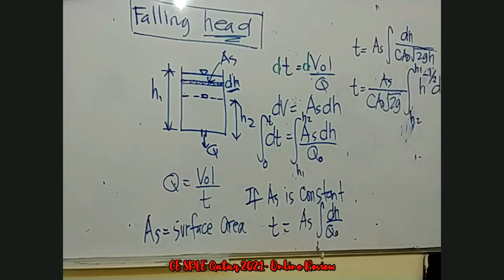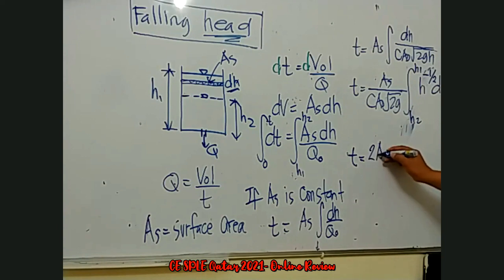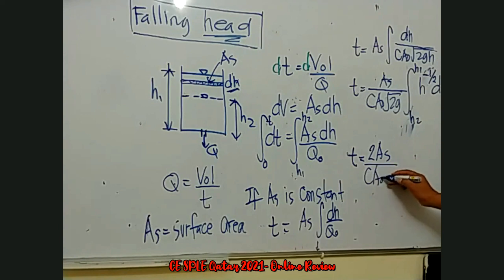So ang nangyari, meron tayong formula: time equals the integral of h raised to negative 1/2 plus 1, then of course over 1/2. So magiging twice AS over C, area of orifice, square root of 2g.